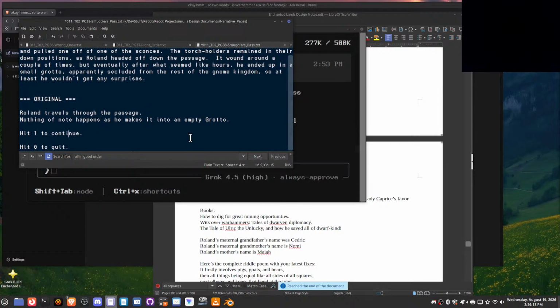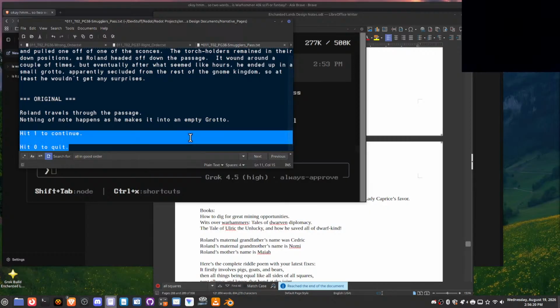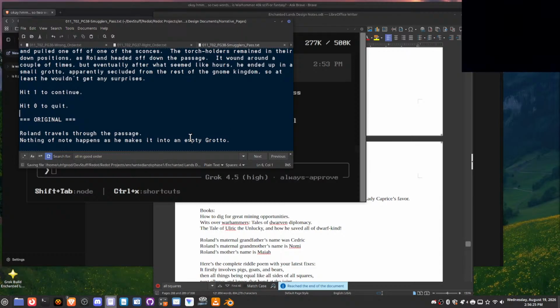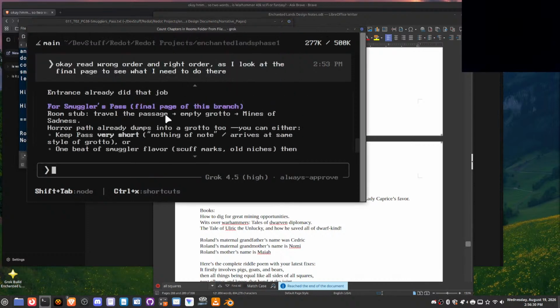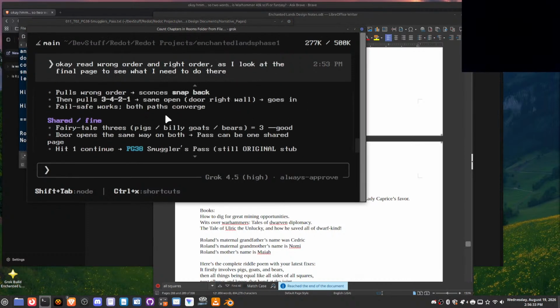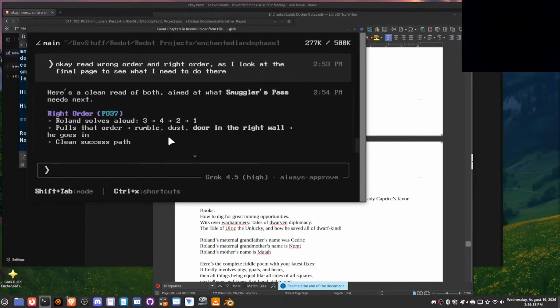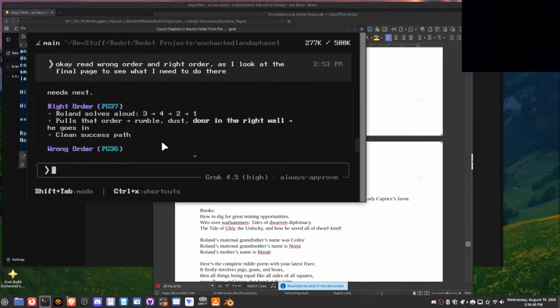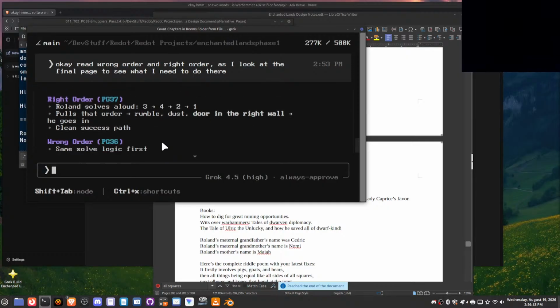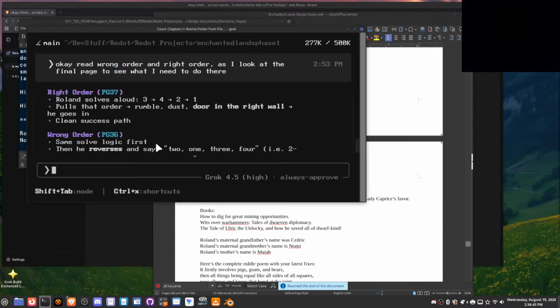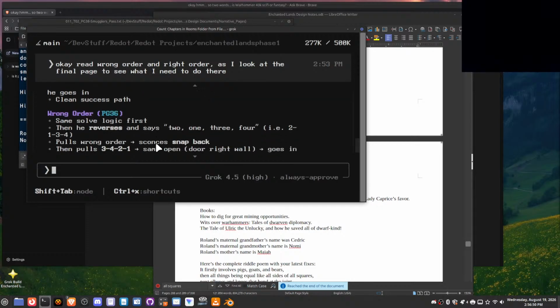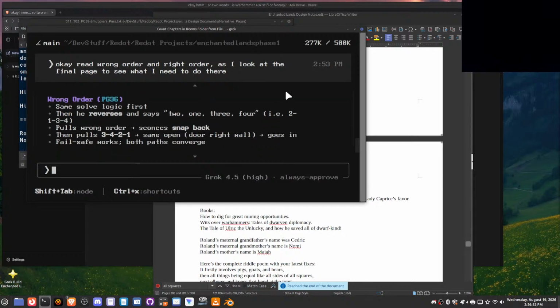I want to continue. Yeah, okay. Discipline and read it both. Same solve logic, then he reverses this.